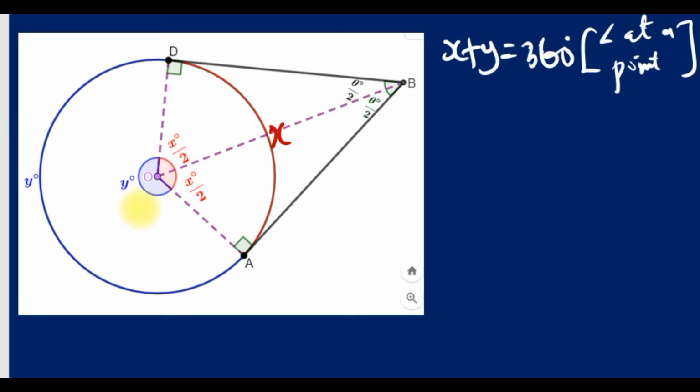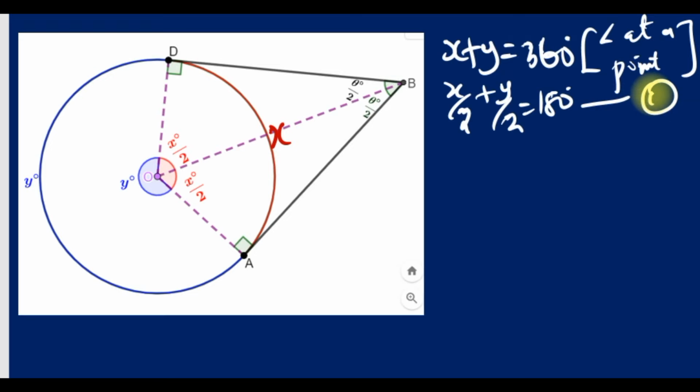And since joining B and O bisected angle x to be x over 2, x over 2, let's divide this equation by 2. Dividing both sides by 2, we have x over 2 plus y over 2 equal to 180. Call it equation 1. We divided by 2 because we are going to relate the equation with another equation.